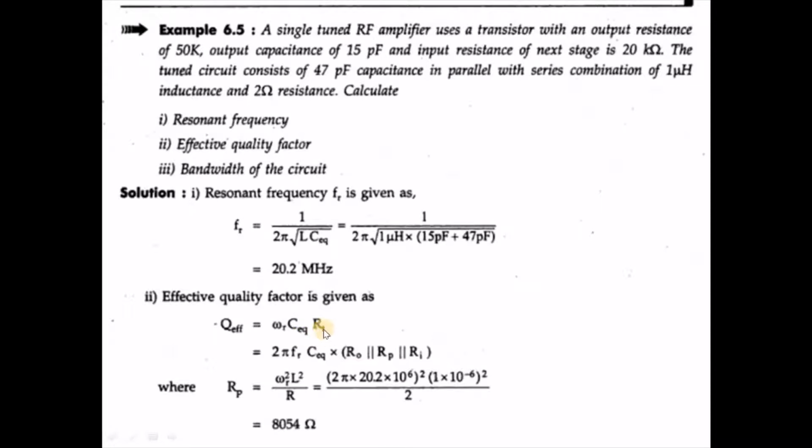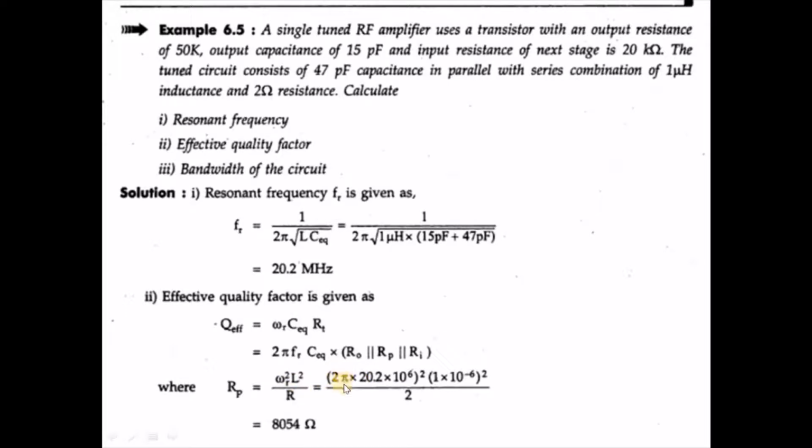The total resistance is a parallel combination of output resistance and RP and the second stage input impedance. In this equation, we don't know the value of RP, but we know that the formula for RP is equal to omega R square L square by R. So now I am substituting omega equal to 2 pi F.